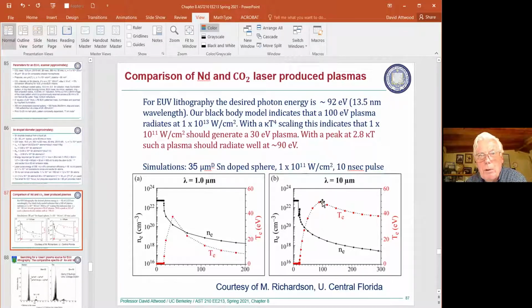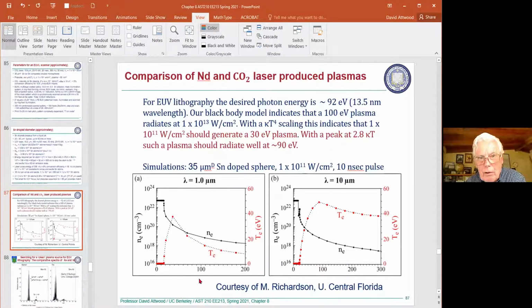By the way, the parameters that they used were an intensity of 10 to the 11th watts per centimeter squared. It's a perfect match for our 30 eV, okay? 30 eV, peak at 2.8, produces a plasma which peaks at 90, but of course it's a broad black body emission.